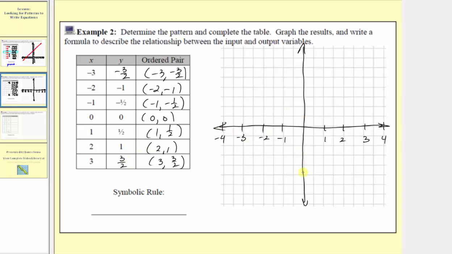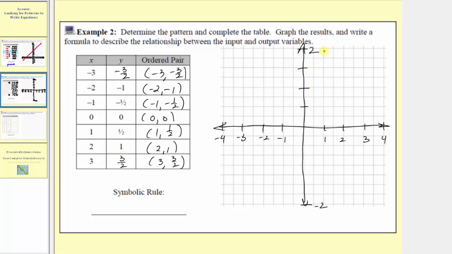And now for the vertical axis, instead of going from -3/2 to +3/2, or -1 1/2 to +1 1/2, let's go up to +2 and down to -2. And let's scale this by 1/2. So we'll partition the interval from 0 to 2 into 4 equal pieces.